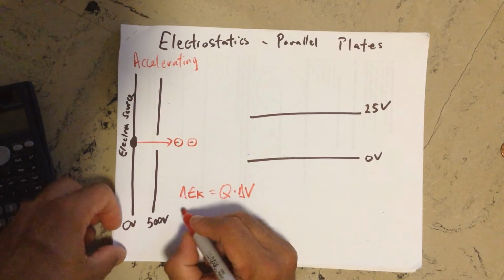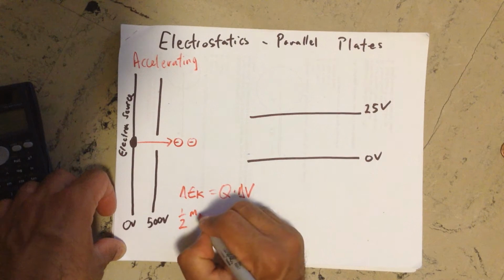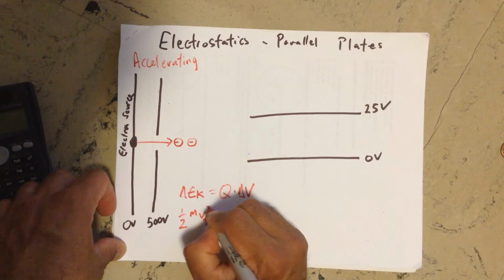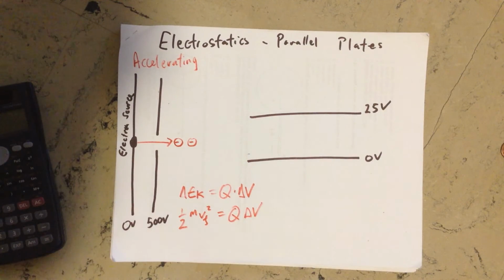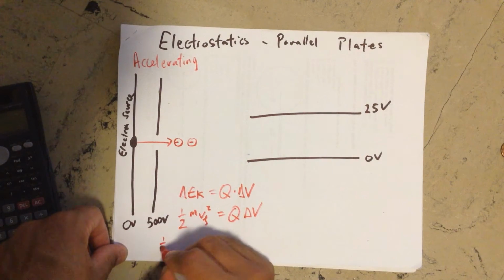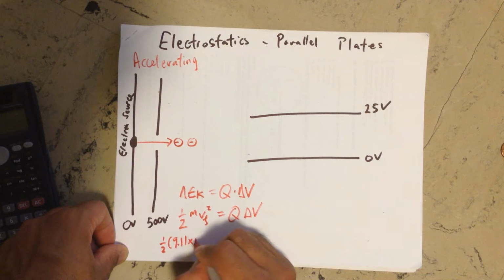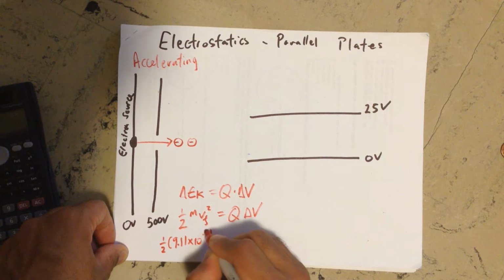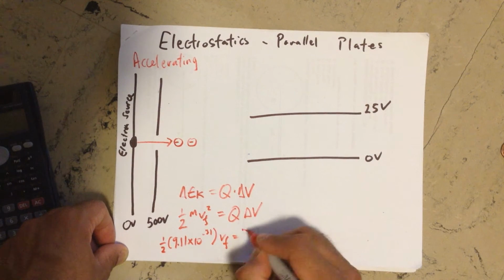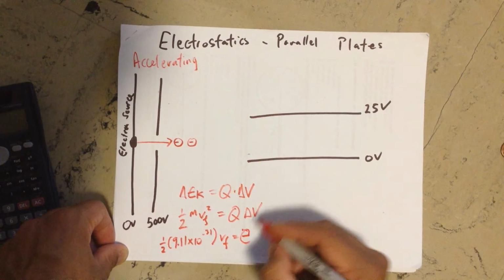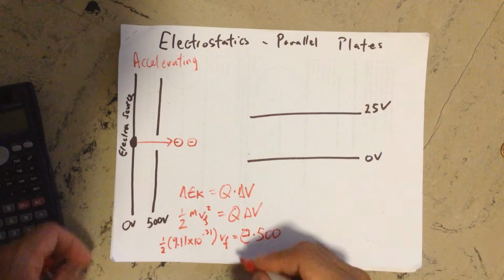So delta EK, they're starting from rest, so 1/2 m Vf squared is equal to Q delta V. For this particular question, we have 1/2 times the mass of an electron, 9.11 times 10 to the negative 31, Vf squared is equal to the elementary charge times 500 volts.